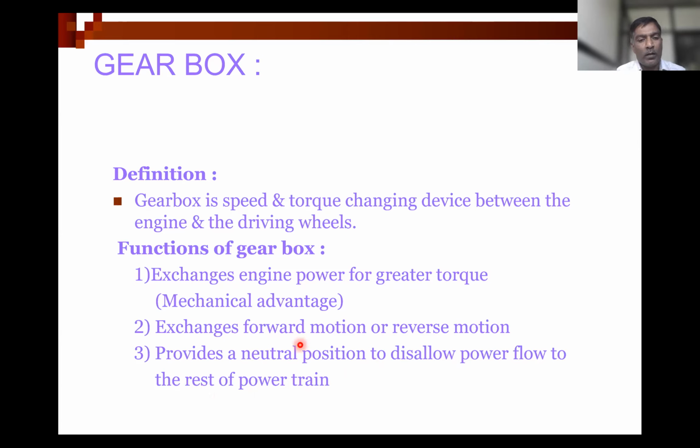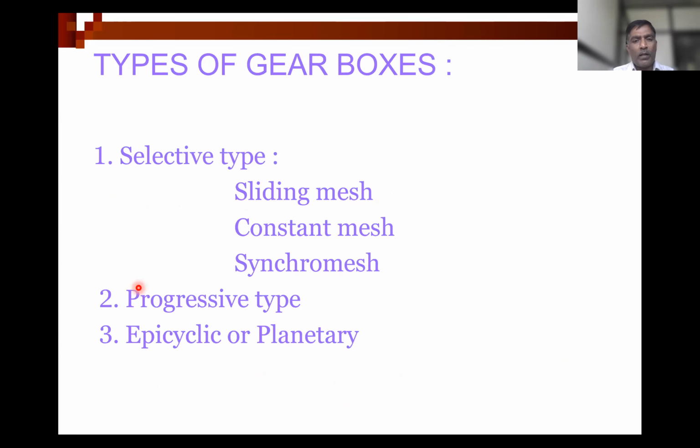That is also a function of the gearbox. So exchange engine power for greater torque, exchange forward and reverse motion, and provide a neutral position. These are the functions of the gearbox.